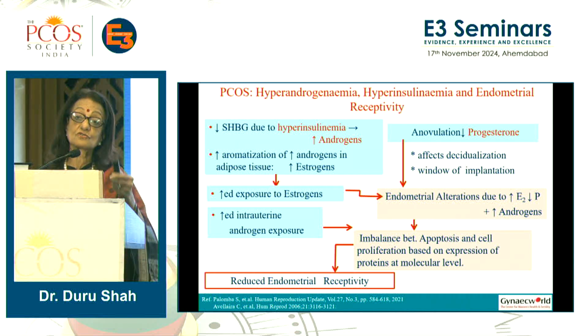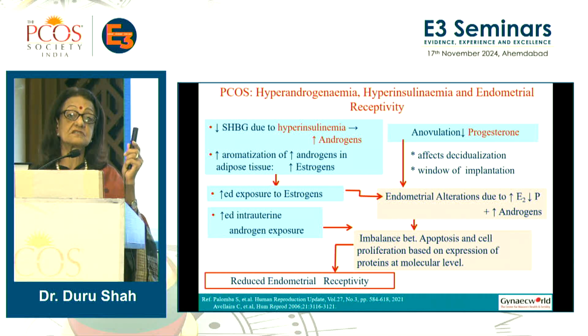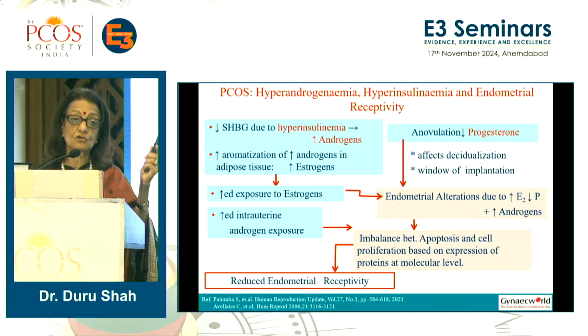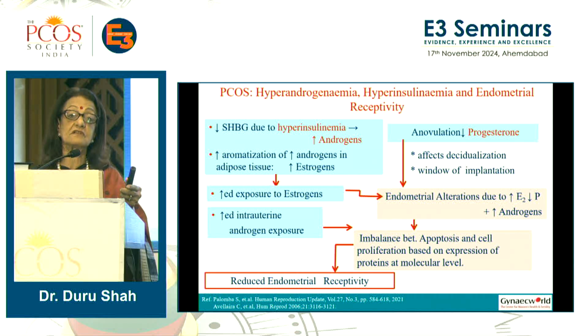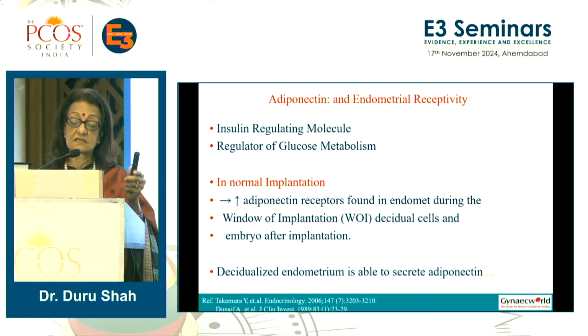But also because of high androgens, the endometrium is also exposed to more estrogens. So there's a lot of imbalance of hormones, because of which there is an imbalance between apoptosis and cell proliferation, and there's a problem with the expression of proteins at the molecular level. So one was the morphological level, where we see it on ultrasound, the thickness and the resistance index. The second is the molecular level, where the whole gene expression changes, and those are the two ways in which it works.